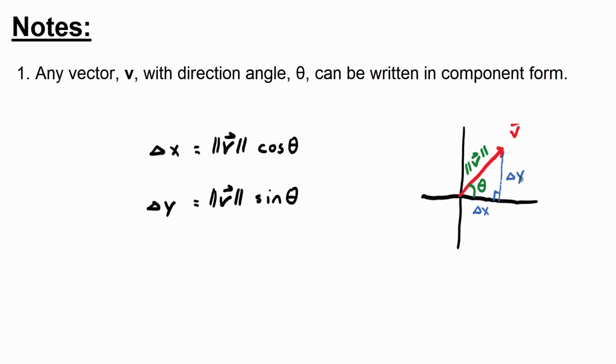Just use the CAH part of SOHCAHTOA to get the cosine of theta. In terms of what I've written here, what would the cosine of theta be? Look at this triangle. The cosine of theta would be the CAH part of SOHCAHTOA, right? Cosine equals adjacent, delta x, over hypotenuse, which is magnitude v.